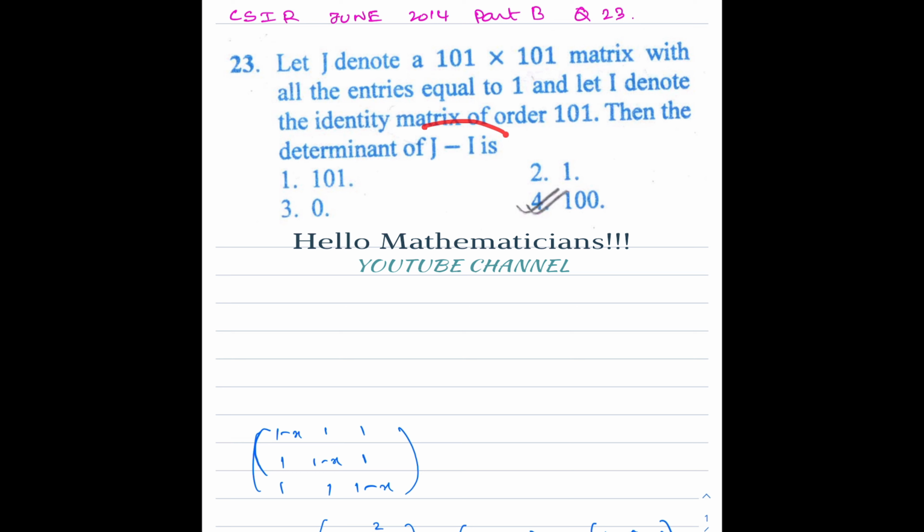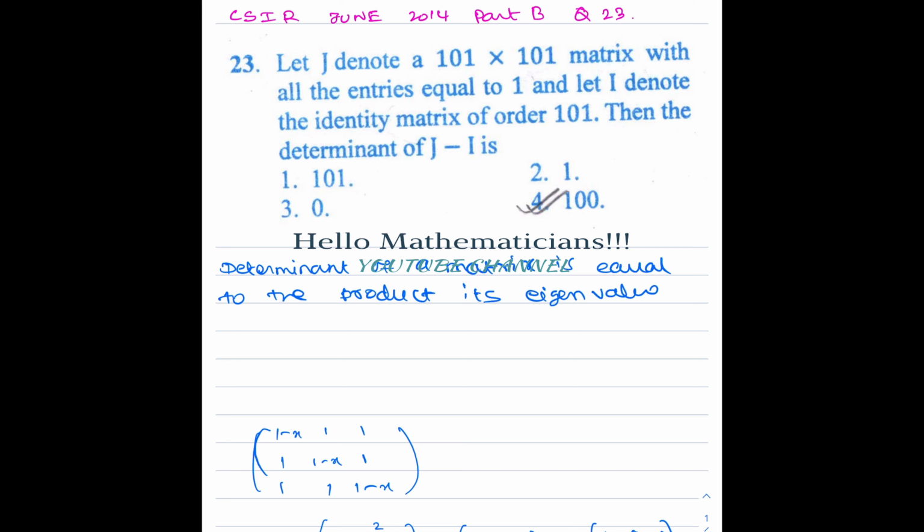Their product is the determinant of J minus I. So we use the result that the determinant of a matrix is equal to the product of its eigenvalues. This is the result we're going to use.